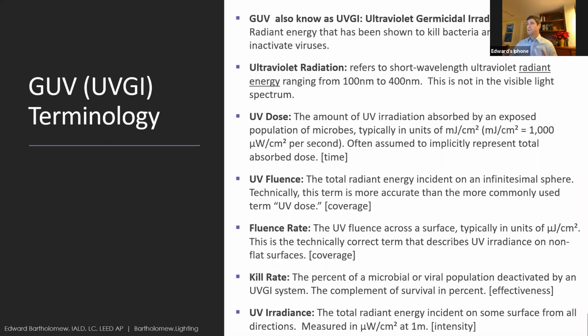The fluence or fluence rate is the radiant energy measured through a sphere, since UVC projects outward in all directions from the source. The kill rate is simply the effectiveness of deactivating the microbial population, and UV irradiance is the real power of the electromagnetic radiation on a surface. And that's typically measured in microwatts per square centimeter.